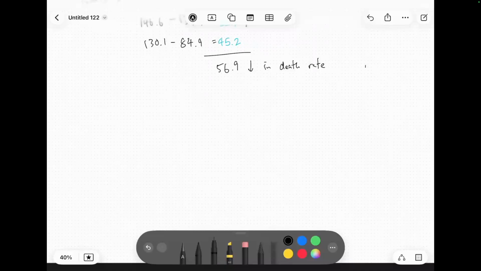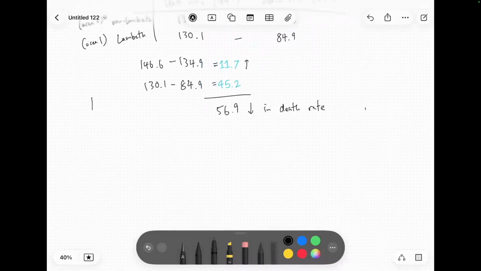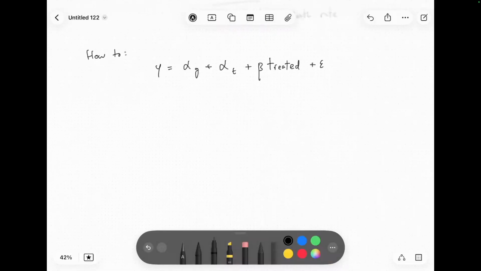So in a regression setting, the how-to is we can do y equals something generic like this, where you are explicitly controlling for each of the groups.